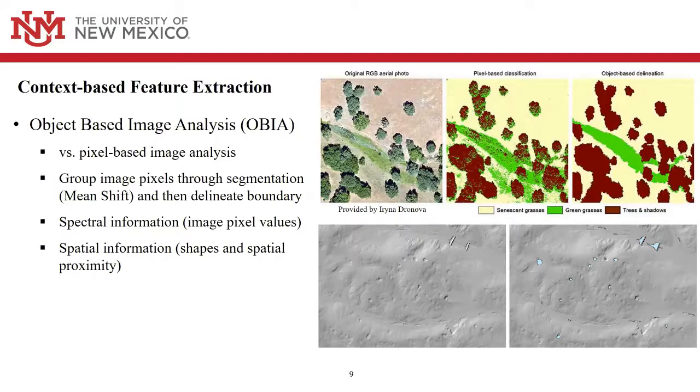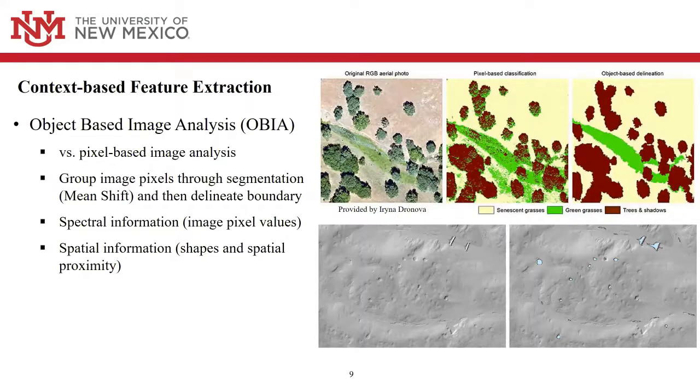When we use object-based analysis, we can solve this salt and pepper issue, where a single object is composed of different pixels. We basically group all the image pixels through segmentation and then delineate the boundary. So object-based analysis is designed to deal with high spatial resolution images.